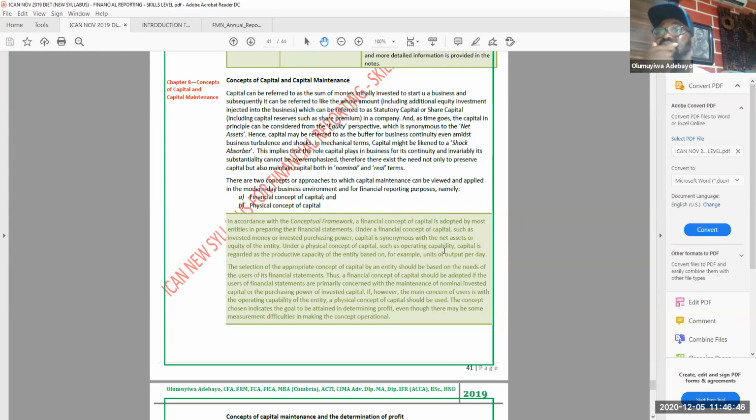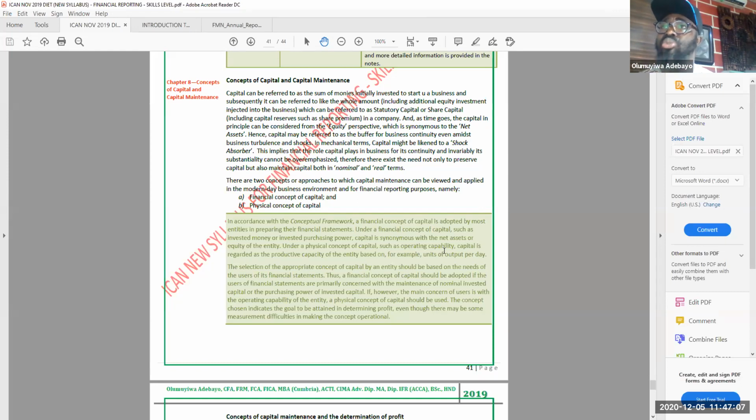But the question then is this: if you understand and appreciate what capital is, it is now paramount for us to maintain such capital, which means if you value your car as a tool for your business, imagine you're into transportation, your car is your life because it's your business.